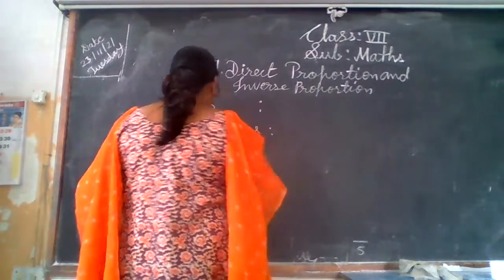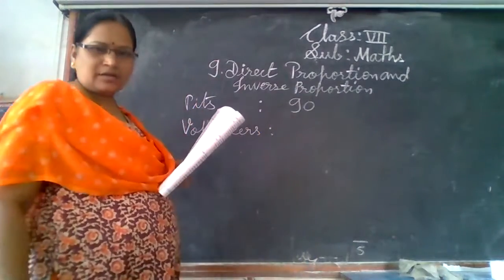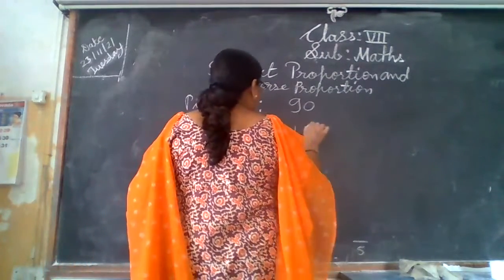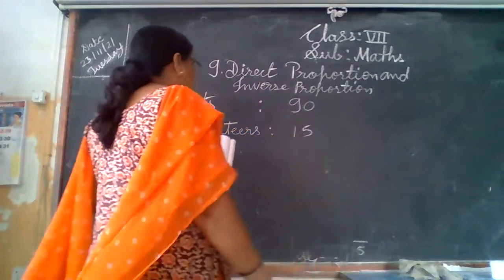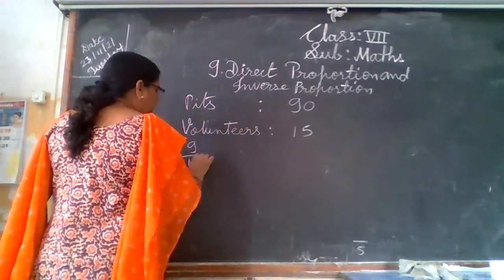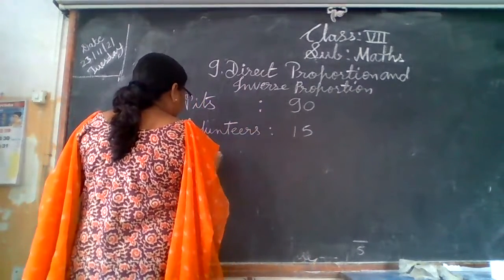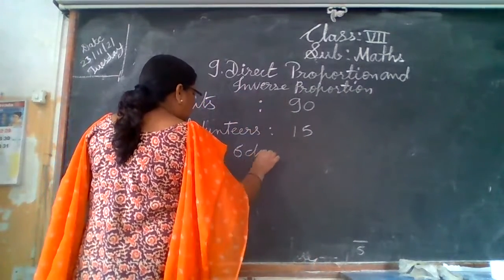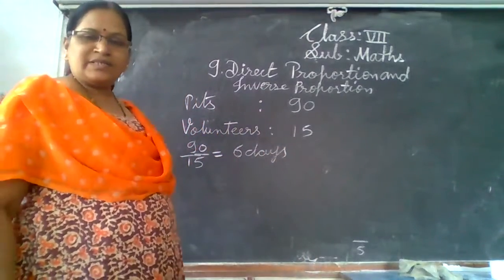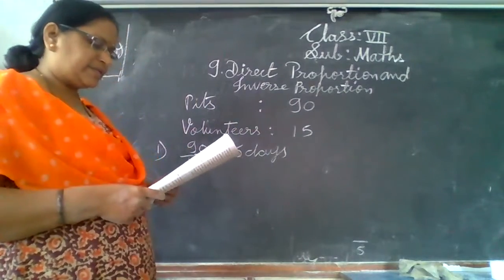Now see, number of pits 90 and number of volunteers 15. So first, 90 upon 15 fives. They need 6 days to dig 90 pits.